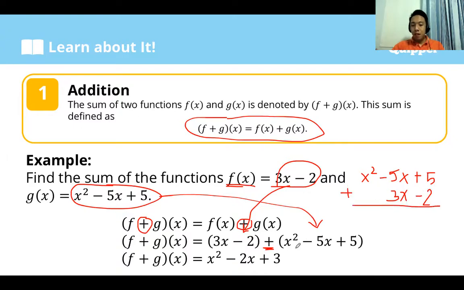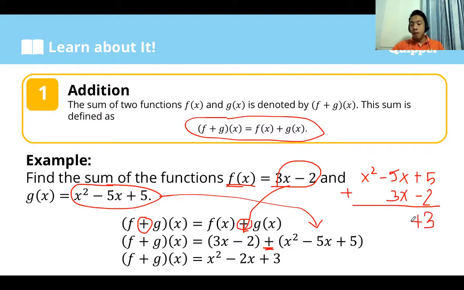Since we don't have any x squared, I will not put x squared here. Now, positive 5 plus negative 2, or in short, positive 5 minus 2. So that will be positive 3. Do not forget the sign.